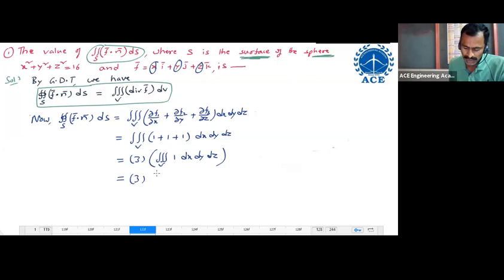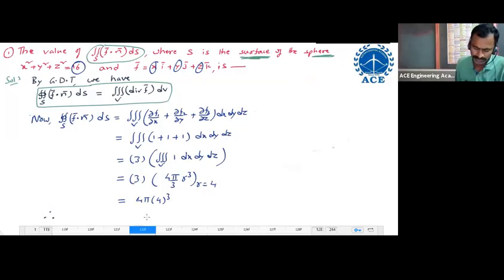3 into the volume of the sphere, which is 4 pi by 3 into r cube, where the radius r equals 4. The 3 gets cancelled, giving 4 pi into 4 power 3.